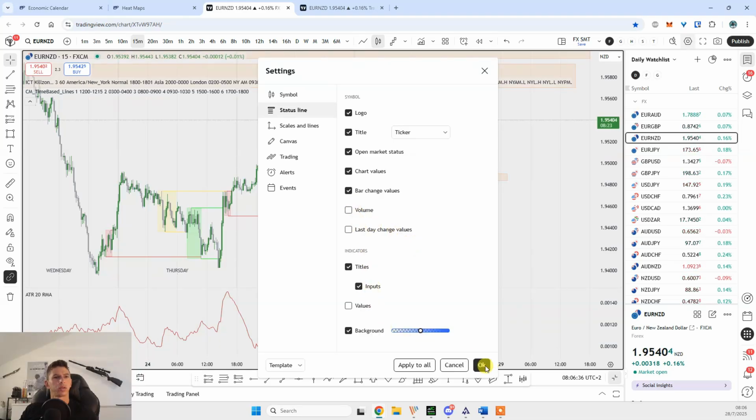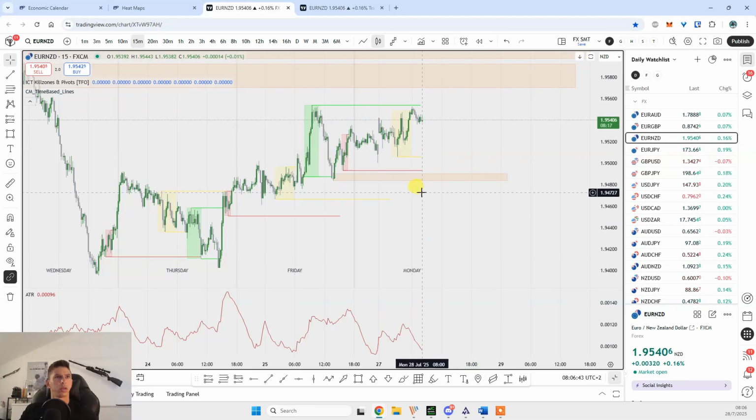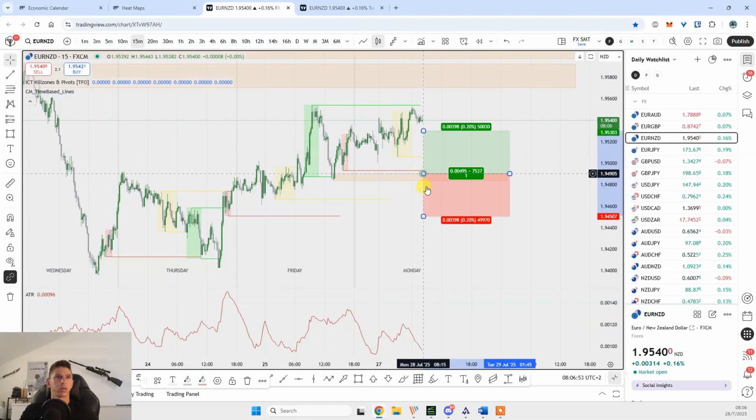Titles and inputs, okay. No, inputs, no, sorry, values. Okay, so we go here and we check the ATR is 9. So at least the stop loss has to be 10, right? Only due to the ATR. So we go here, 10. There we go.